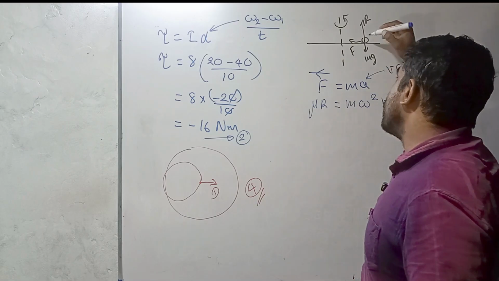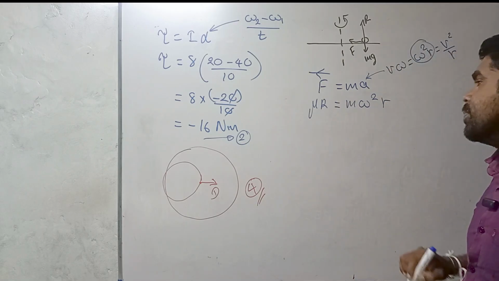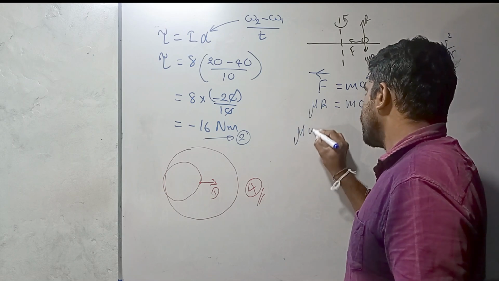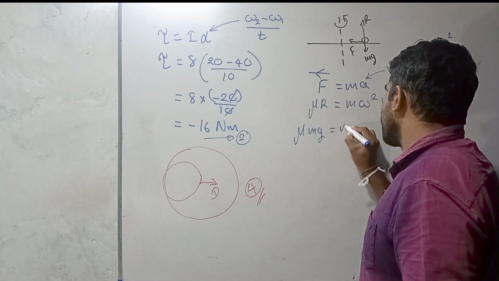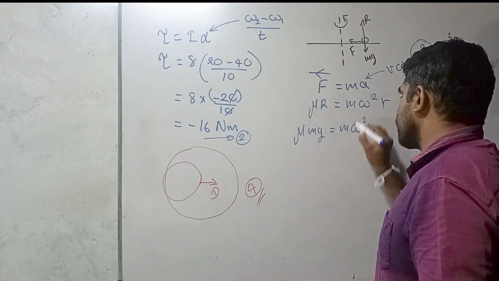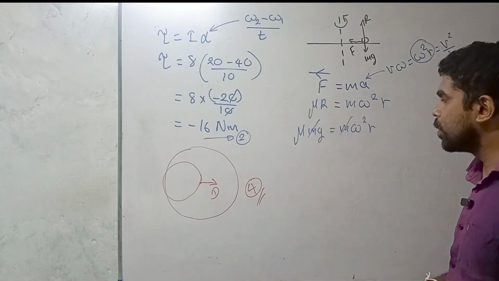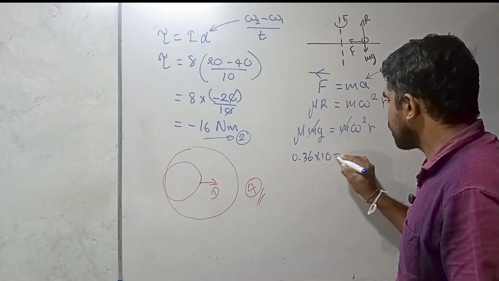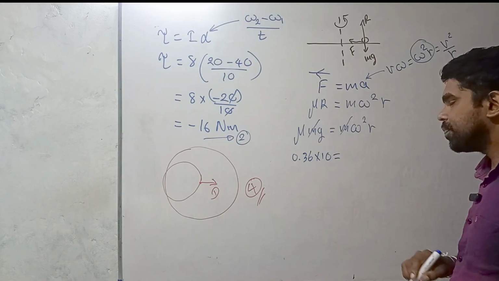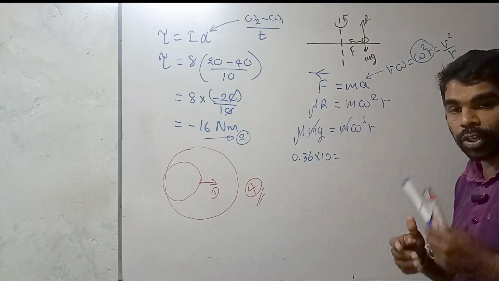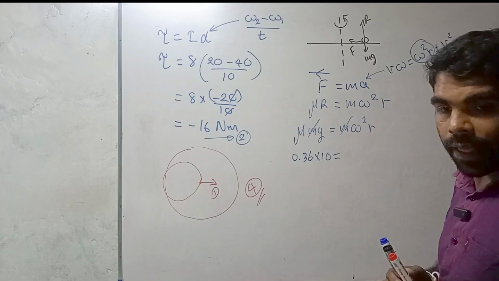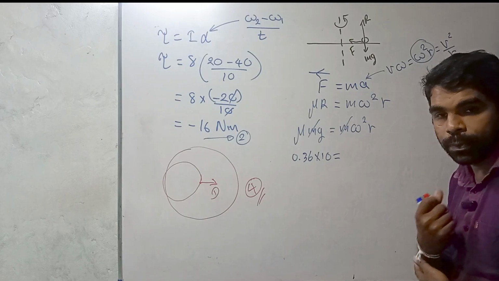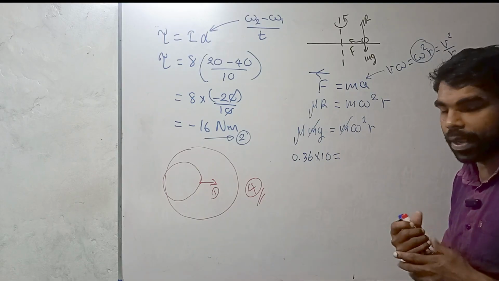And we know that the reaction R is equal to the weight of the object. Therefore, we can substitute R as mg: mu mg equals m omega squared r. Then we can cancel out m and m. Mu value is 0.36, g is 10. We have to find omega because they have given the rotational speed in rpm.